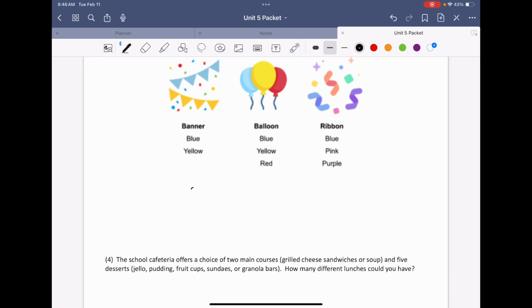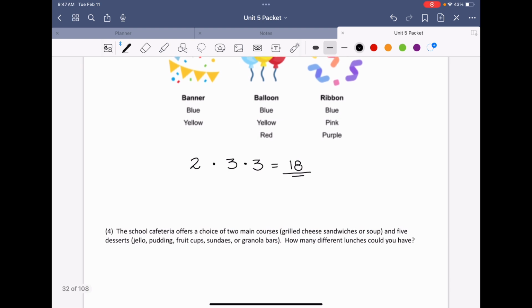So I've got 2 options for the banner, 3 options for the balloon, and 3 options for the ribbon. So I just multiply 2 times 3 times 3, 9 times 2, which is 18. So 18 total outcomes. Then from there, I could answer a bunch of different questions about probabilities.